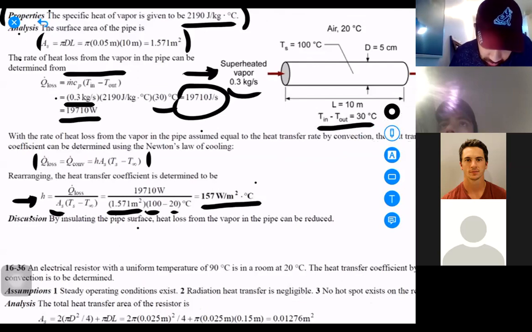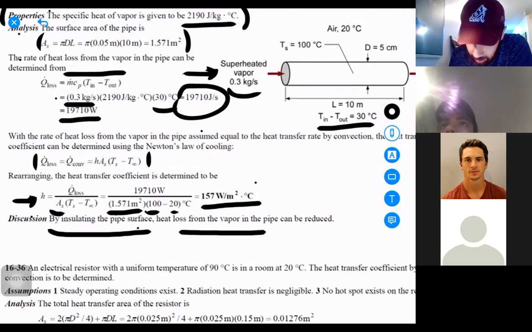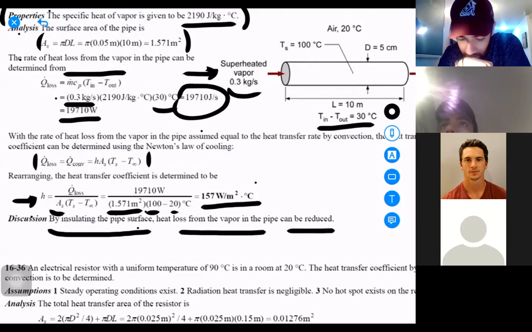Again, it discusses that by insulating the pipe surface, the heat loss from the vapor in the pipe can be reduced. What does it actually mean?